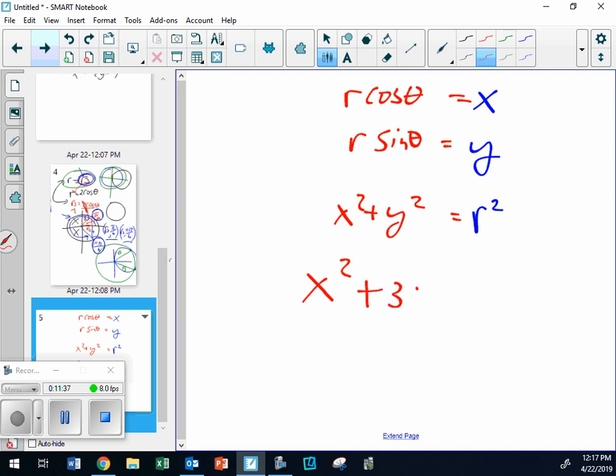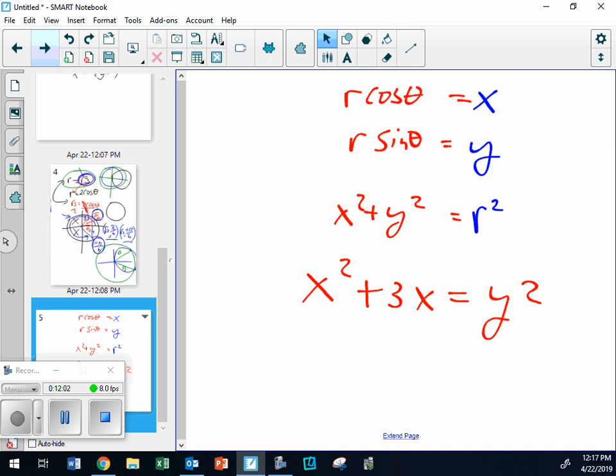x squared plus 3x is equal to y squared. I'm not even sure what that would look like in rectangular. But my question is, what's an equation that would look exactly the same when you graphed it, except it has to be in polar? Change that to a polar equation that would give you the same exact picture when you graphed it.